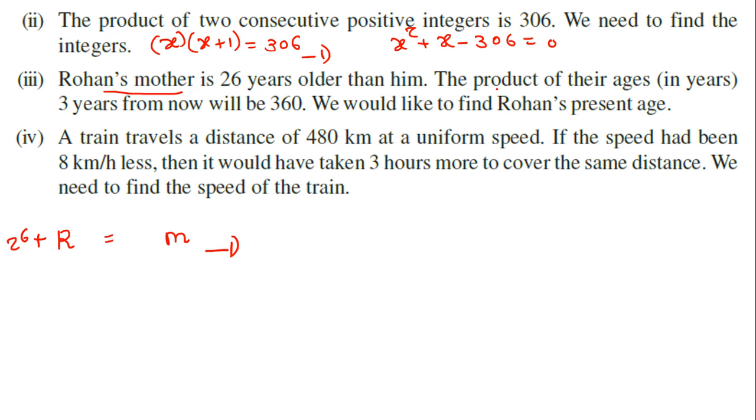The product of their ages means M plus 3 into R plus 3, and the product is 360. So this is equation number two. Now you have the first and second equations, and you can easily solve now.